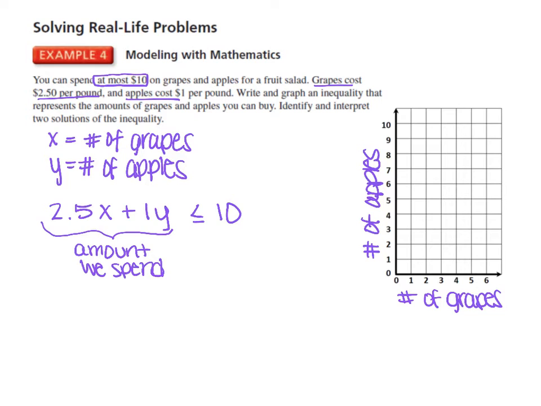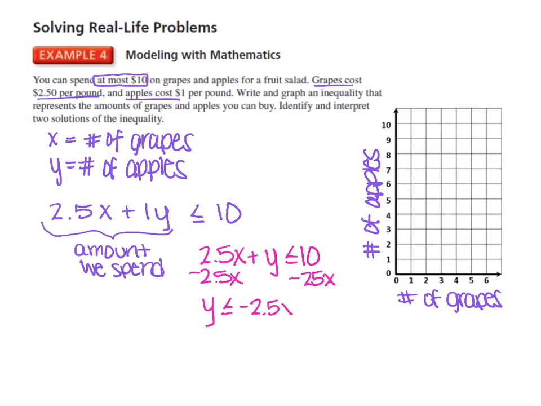So to graph it, I need to get y by itself. Well, right now, it says 2.5x plus 1y is the same thing as just y is less than or equal to 10. So if I get y by itself, that would be subtracting 2.5x from both sides. So y is less than or equal to negative 2.5x plus 10.